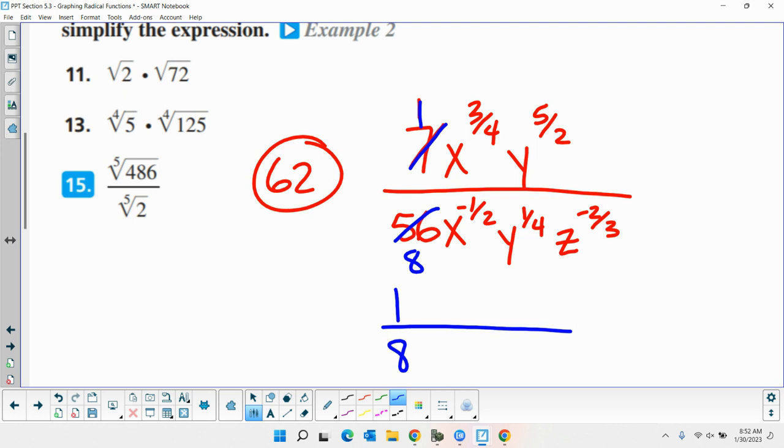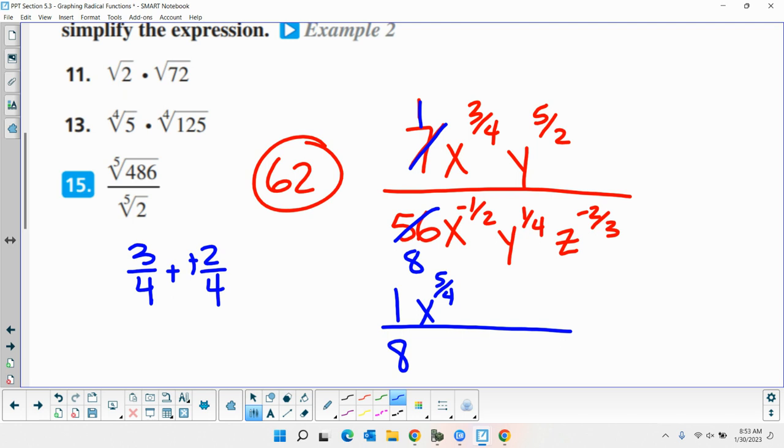So I should put the x in the top because the bigger exponent's in the top. And then I just subtract. 3/4 minus a negative 1/2, which is a negative 2/4. Well, what's minus a negative do? Plus. So what's 3/4 plus 2/4? 5/4. So that's my exponent.